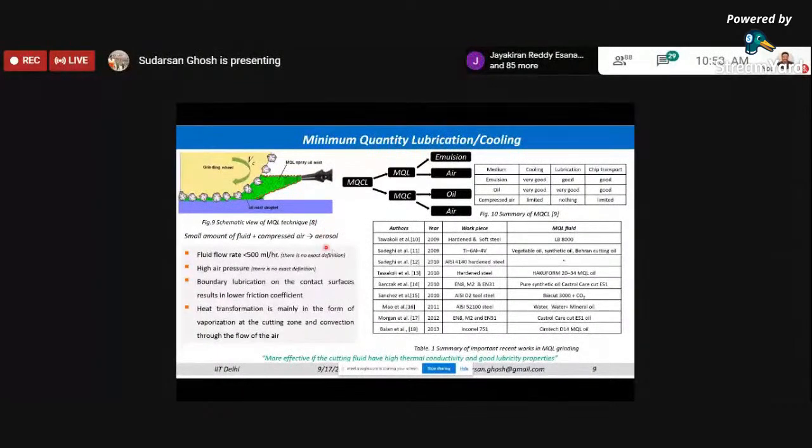Basically aerosol means you have tiny droplet particles. These are very thin, lightweight particles, and they can float easily in the air. With the flow of the air, they can go along with it. Exactly that thing happens with this MQL process.